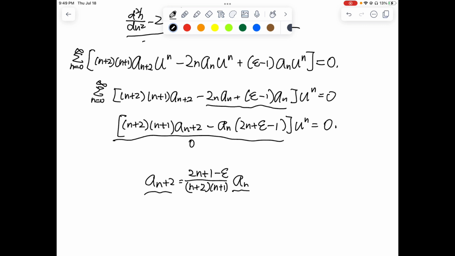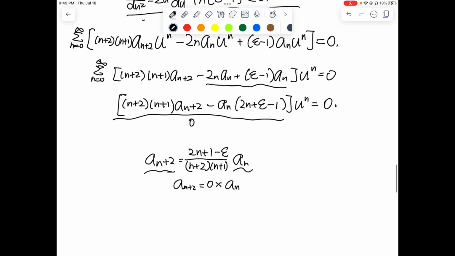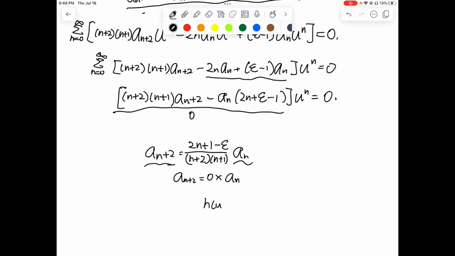So for our recursion, if we want it to terminate, then somehow we want the coefficient two terms after to be 0 times the coefficient two terms before. To visualize it, we have a0 plus a1 u plus a2 u squared plus a3 u cubed, and we want it to terminate at one point.